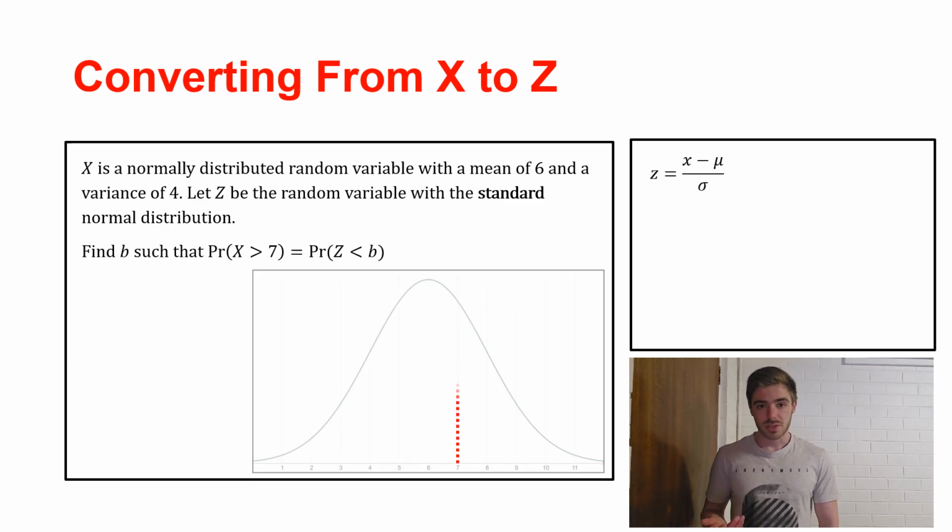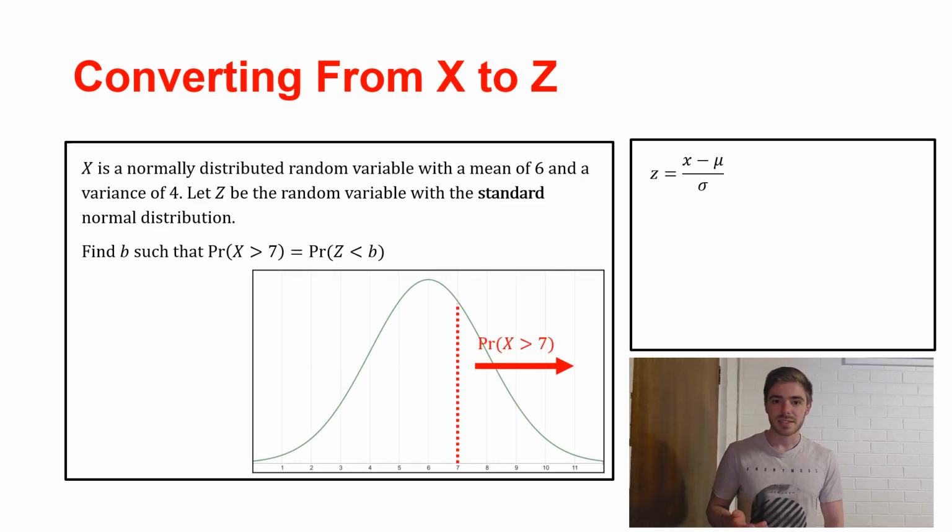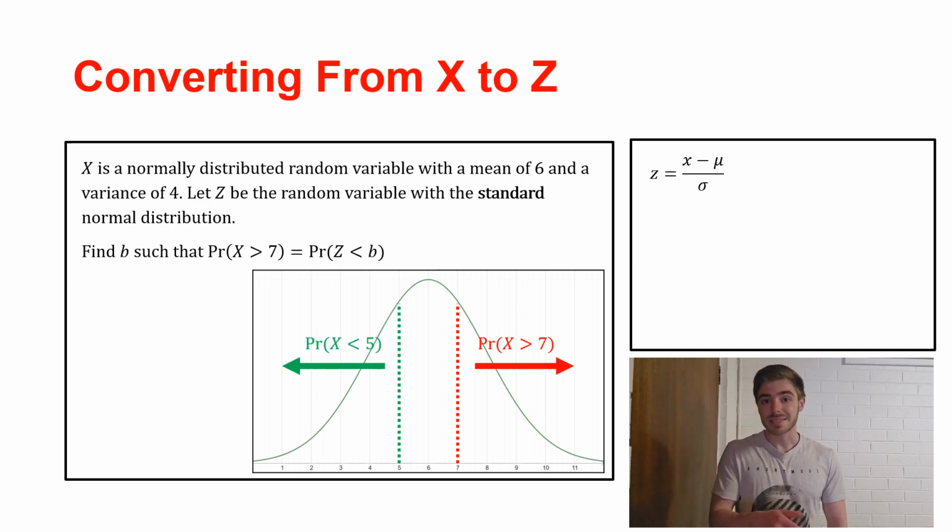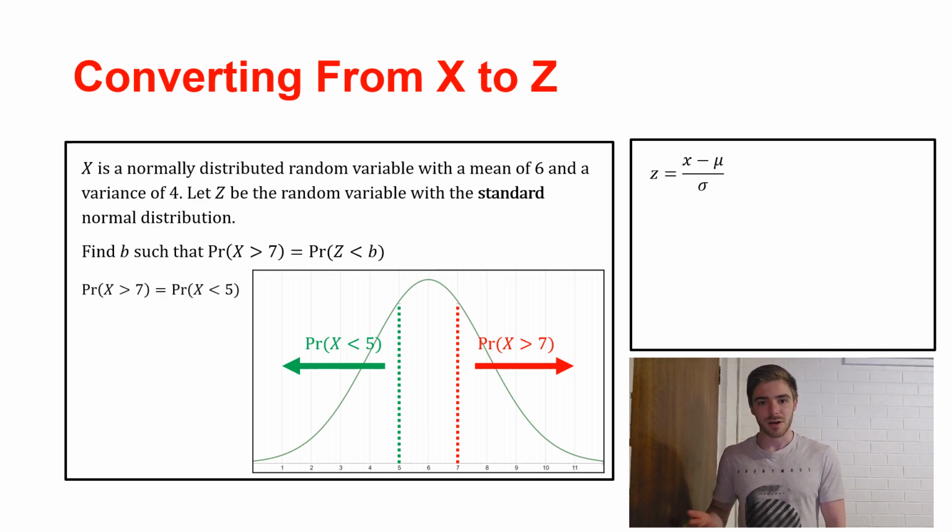If we do a rough sketch of our normal distribution, we see that x greater than 7 is just 1 unit to the right of the mean. So an equivalent probability would be 1 unit to the left of the mean, x less than 5. So what we can say is that the probability that x is greater than 7 is the same thing as the probability of x being less than 5. Now that the inequalities are pointing in the right direction, we can compare them much easier.